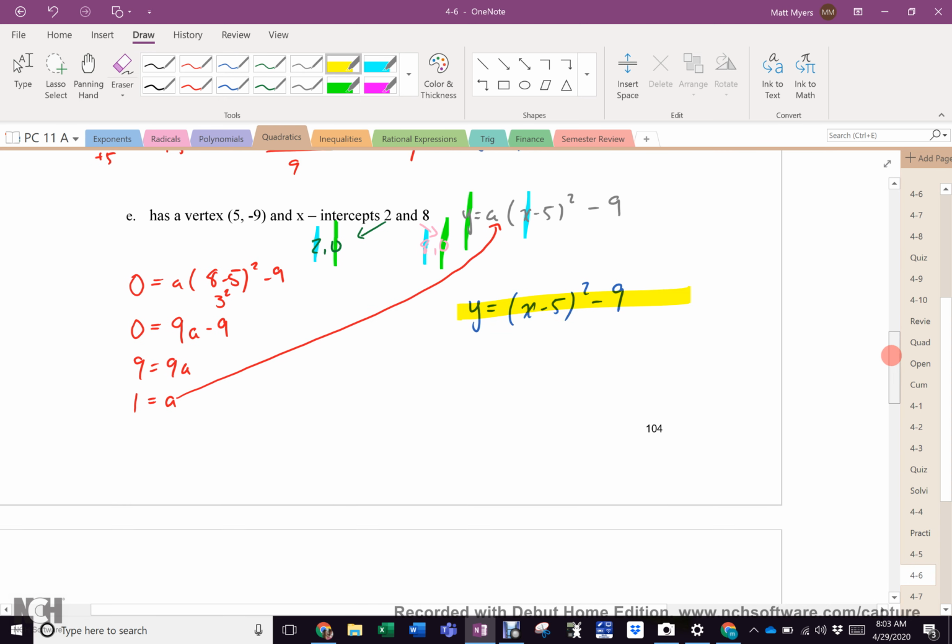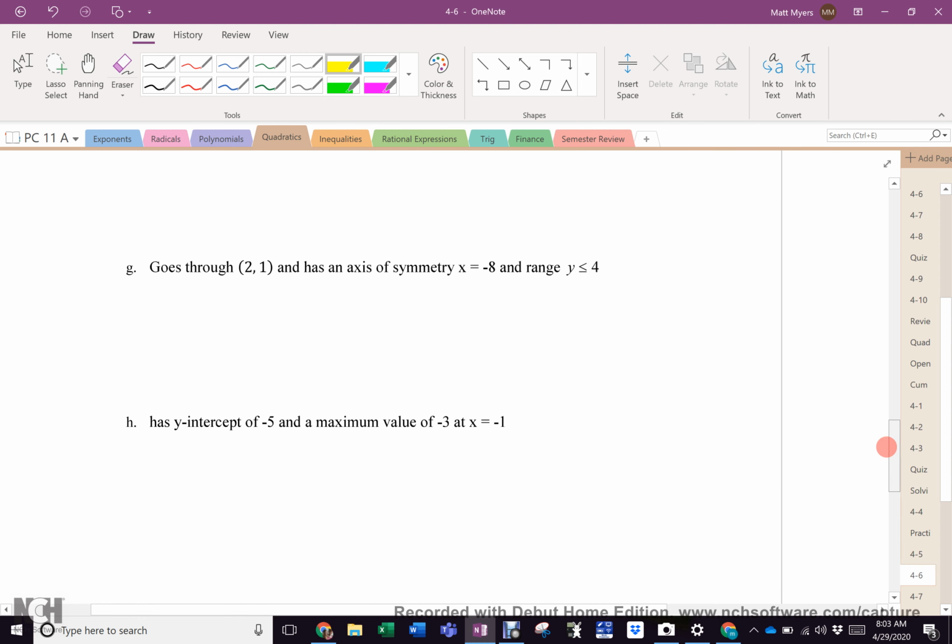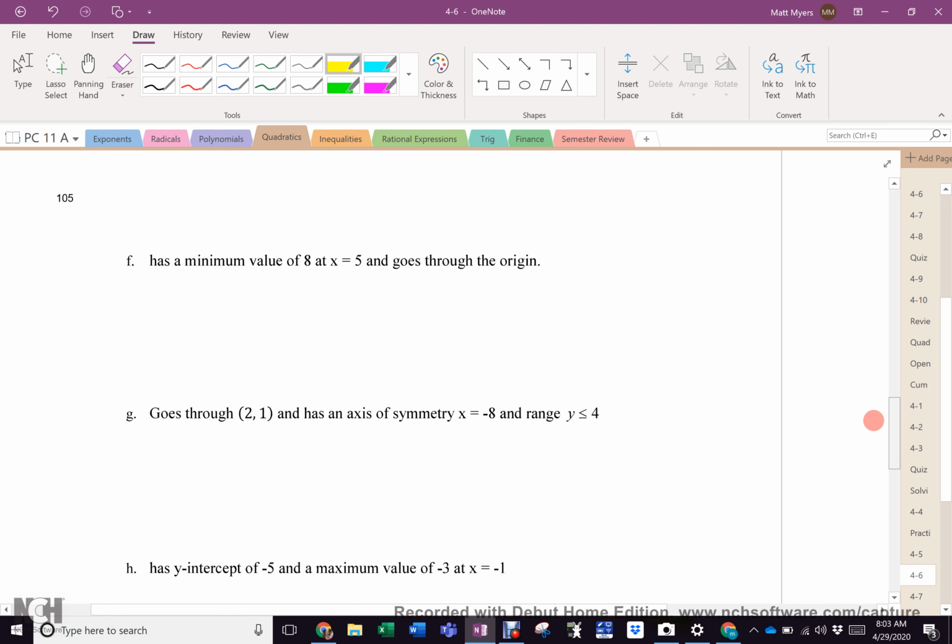Now, I'm going to set up page 105, and you're going to do the work. Now, there's a typo in F. Something there is wrong. I'm going to tell you what it is before we get going. It has a minimum value of 8 at x equals 5.